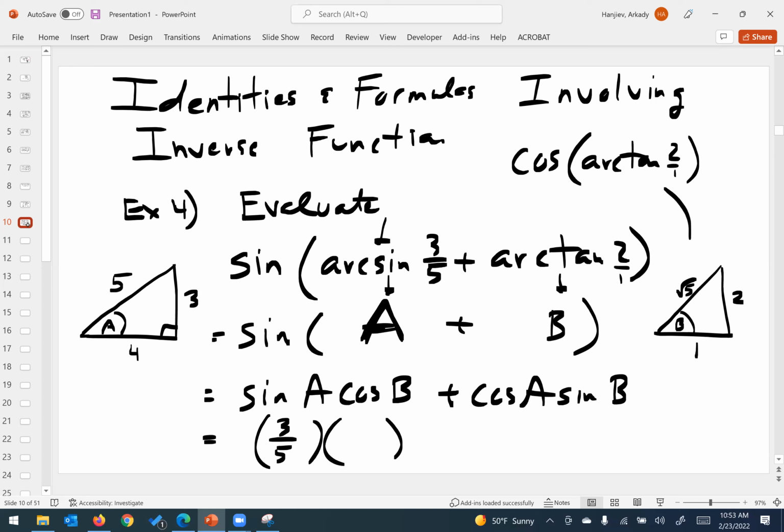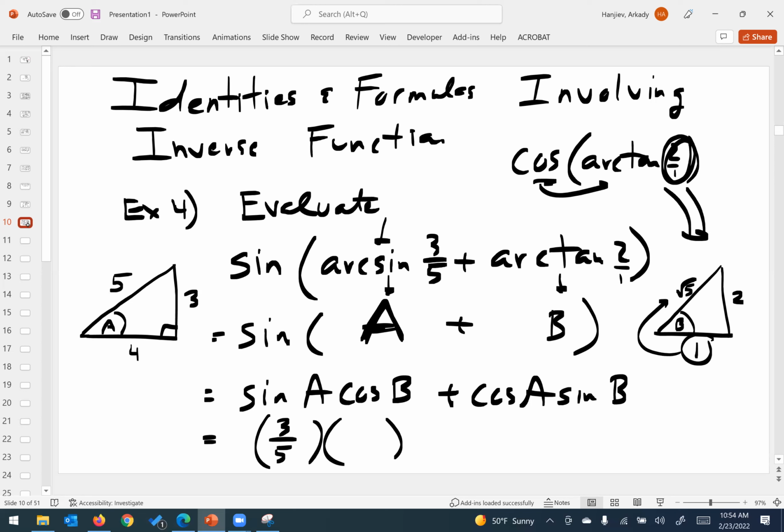So we've built our triangle here, and this is what we've done before. Once you build a triangle, you're saying those numbers allowed me to build my triangle. Now the question is, what's my cosine of that triangle? It's 1 over root 5.